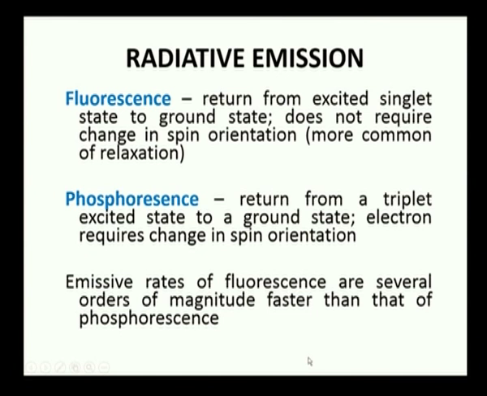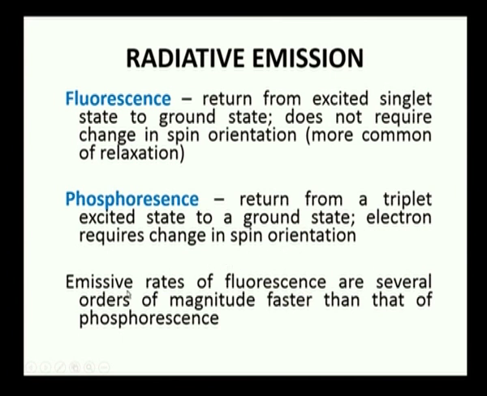So, as I have told you, fluorescence is nothing but the return from the excited singlet state to the ground state. It does not require any change in the spin orientation, and it is the most common way of relaxation. And phosphorescence is the return from a triplet excited state to a ground state, where the electron requires a change in the spin orientation, which I have explained to you very well.